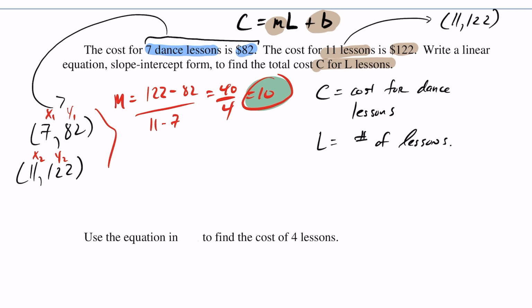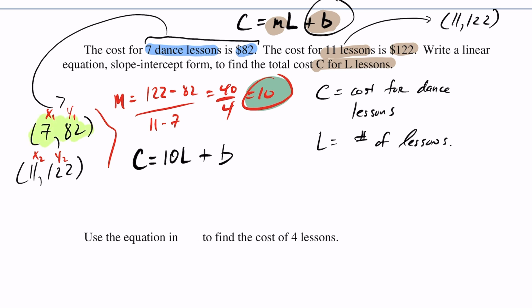So now I know that my equation is C equals 10L plus, I still don't know the initial value. The initial value is clearly not going to be equal to 0, because if the initial value was 0, and the dance lessons are $10 each, this price should have come to $70, not $82. So I can pick one of these points and sub in and solve.